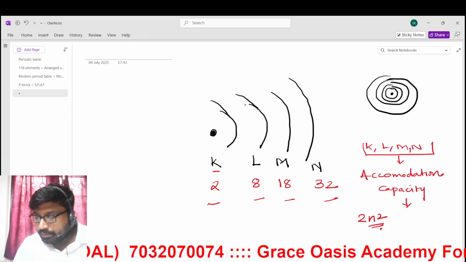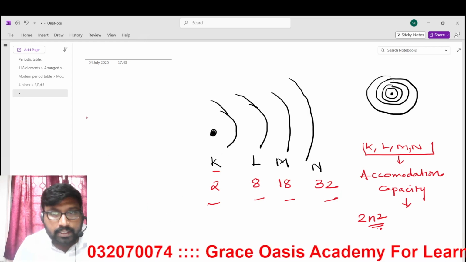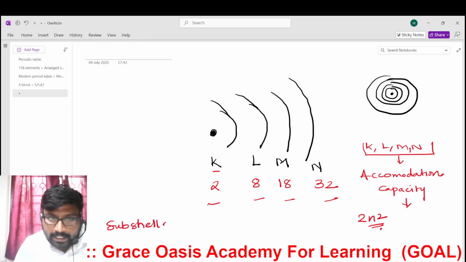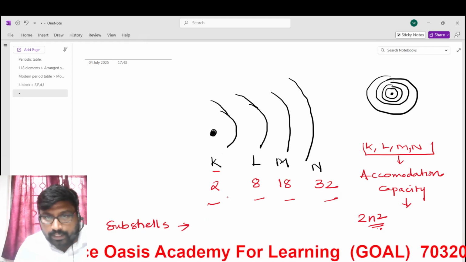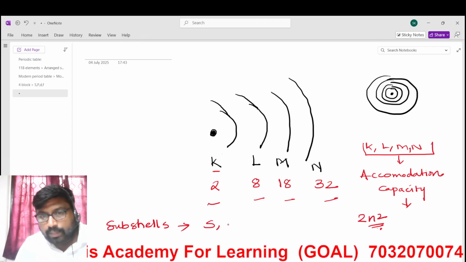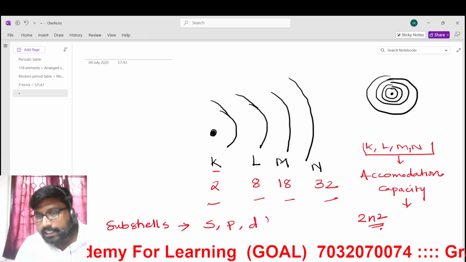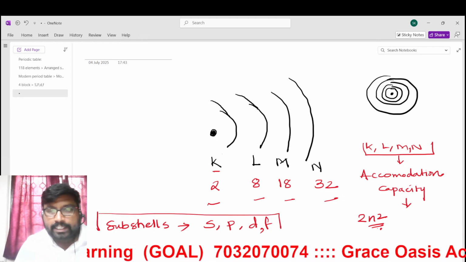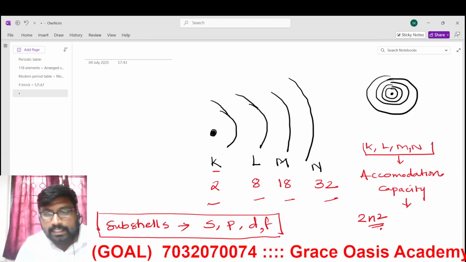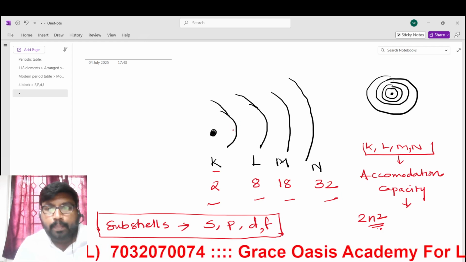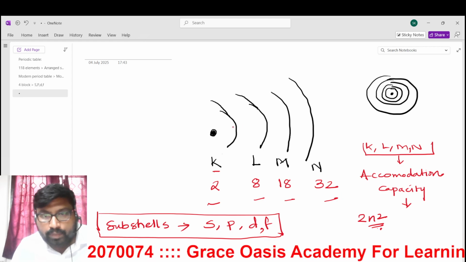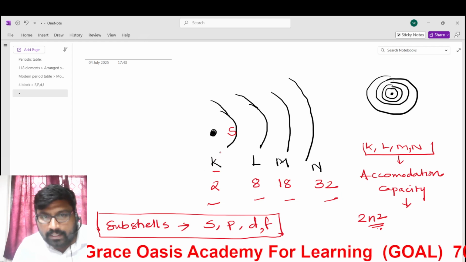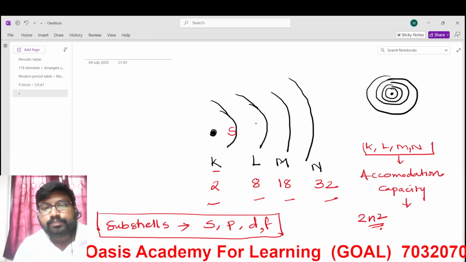Within these shells there are also subshells, which are denoted by S, P, D, and F. K is a shell, and within it we have the S subshell.